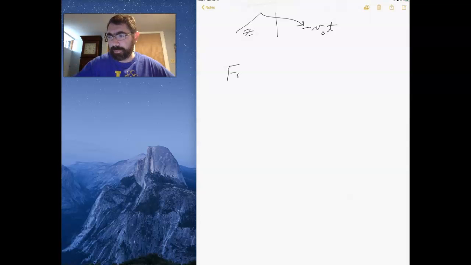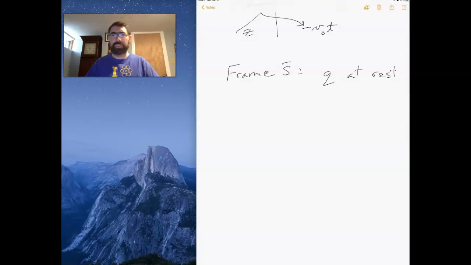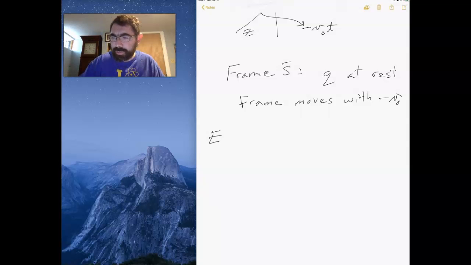So that frame, S bar, is q at rest, and the frame itself is now moving with a velocity minus v0.